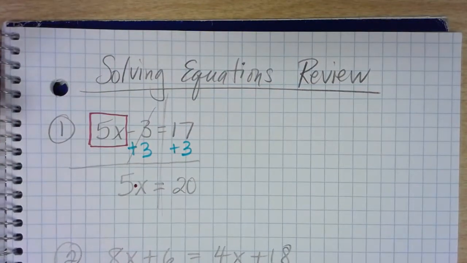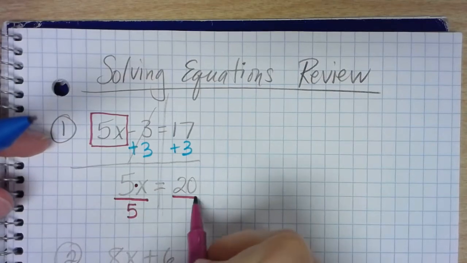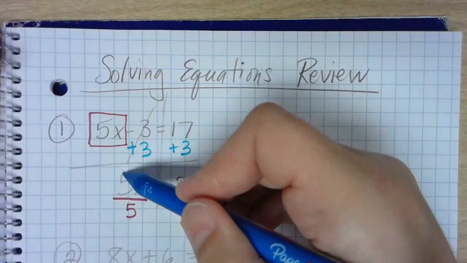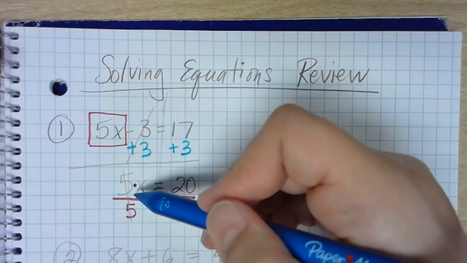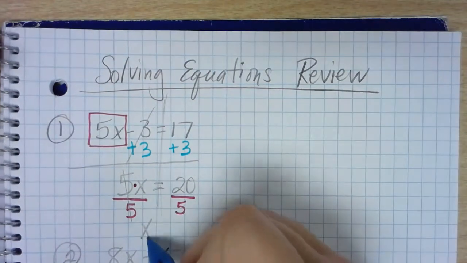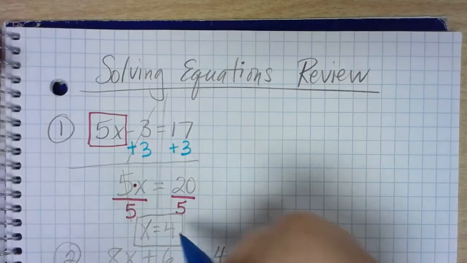So to get rid of times, the opposite of multiply is divide. So 5 divided by 5 is 1. When you divide a number by itself, that essentially cancels it out to 1. So we have x on the left, and 20 divided by 5 is 4.